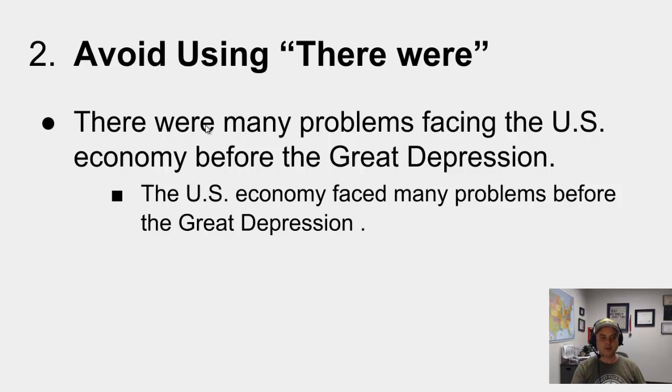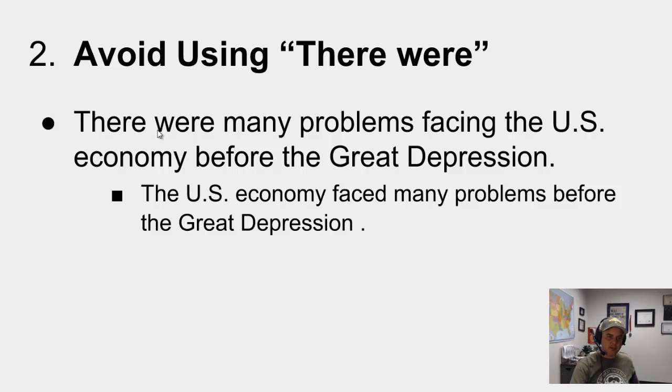And so we have lost at least a couple of words. We definitely got rid of there and were in this sentence. And we're able to express the same meaning in clearer, more precise ways, right? And this usually, I won't talk about this too much, but this usually gets us writing in the passive voice when we use the word there, there were, and we want our voice to be active.